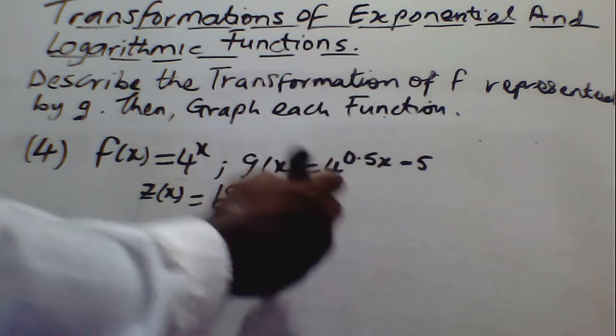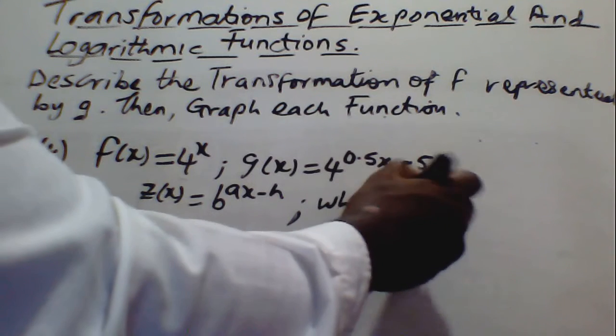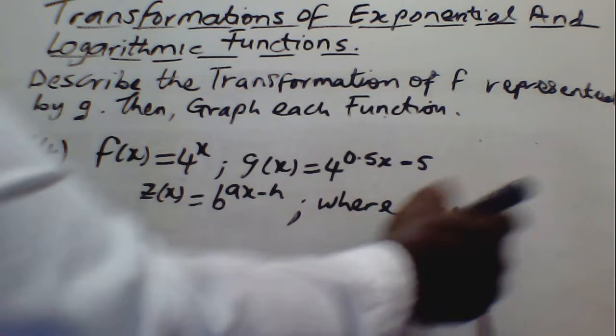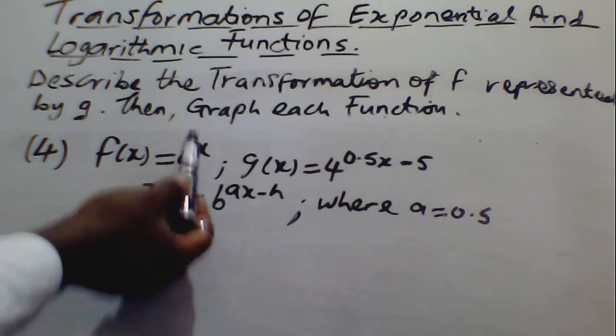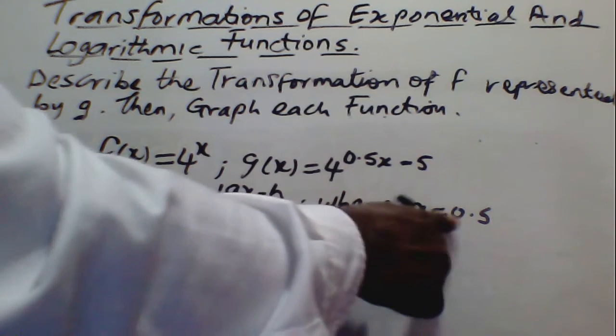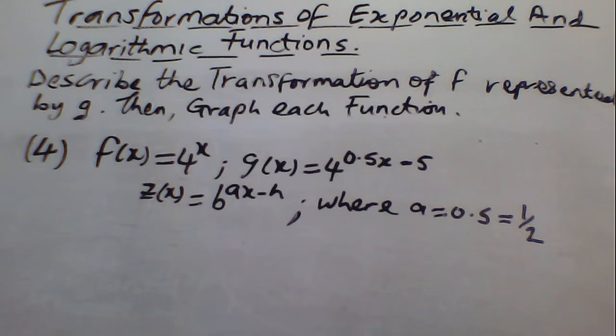So from here, a is equal to 0.5. Notice 0.5, there is a change here. This change is horizontal, it has to do with the stretches for horizontal, the x axis. So this is the same as 1/2. Is it not? 1/2 is equal to 0.5.